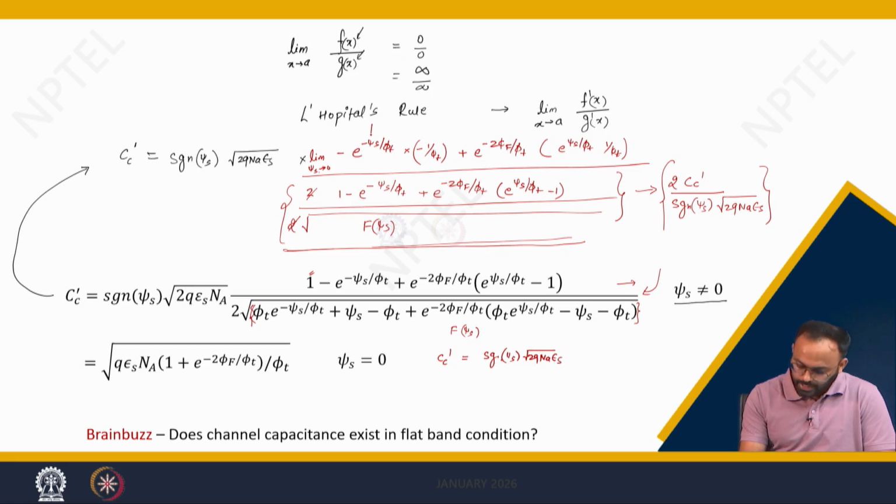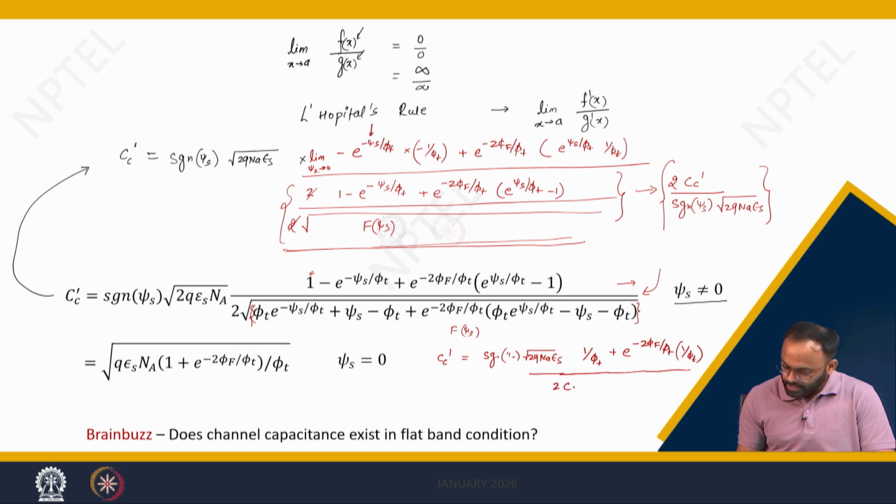If you put the limit psi s equals 0, this becomes what? 1. So ultimately 1 over phi t plus e to the power of minus 2 phi f over phi t into 1 by phi t, divided by, you can replace by 2 C c dash divided by signum of psi s square root of 2 into q into Na into epsilon s.